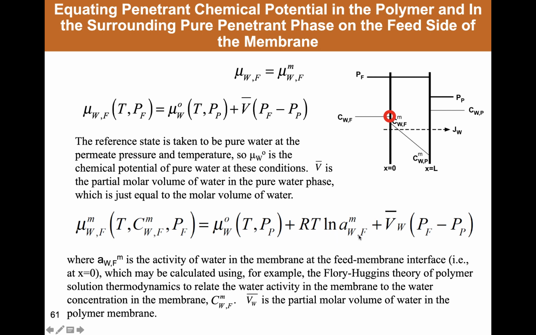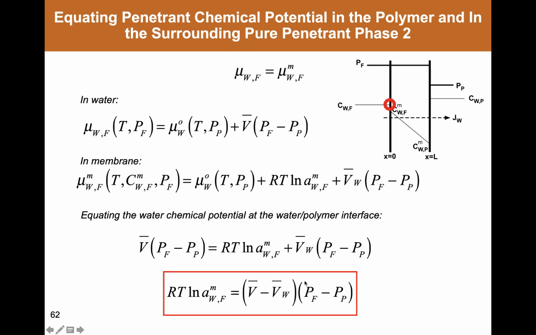And so for a polymer solvent system, this might be the Flory-Huggins, or for a cross-linked polymer network, it might be the Flory-Rehner model. So we'll need a thermodynamic model to ultimately relate the thermodynamic activity back to the actual experimentally measurable or determinable concentration in the membrane.